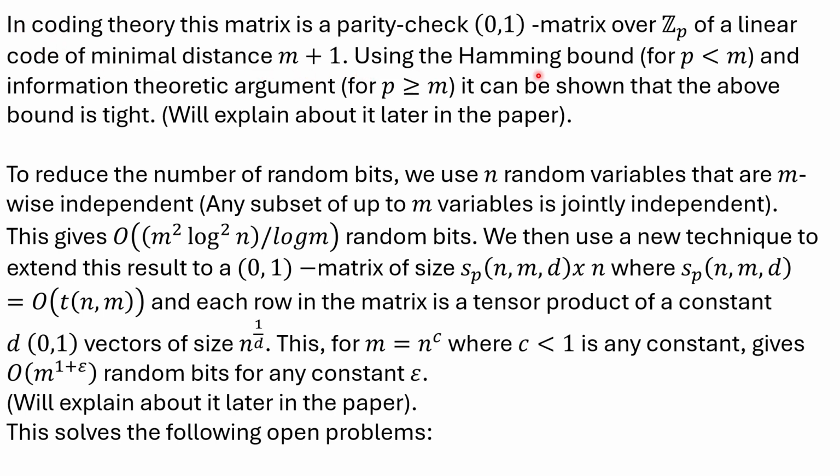Using the Hamming bound for p less than m and an information theoretic argument for p greater than or equal to m, it can be shown that the above bound is tight. We'll explain this later in the paper.